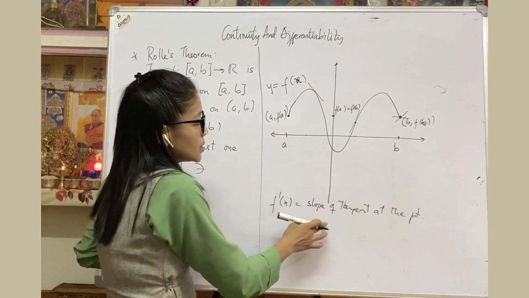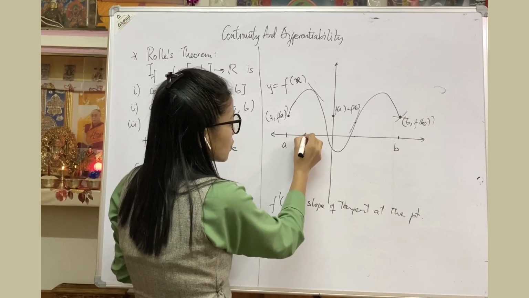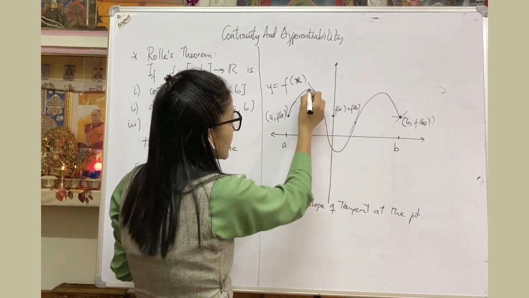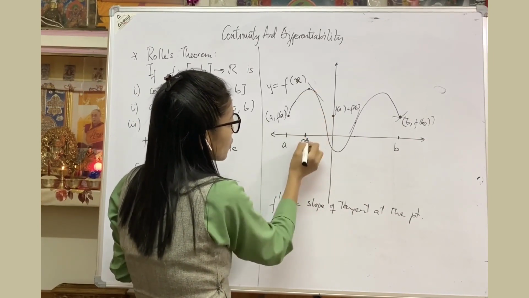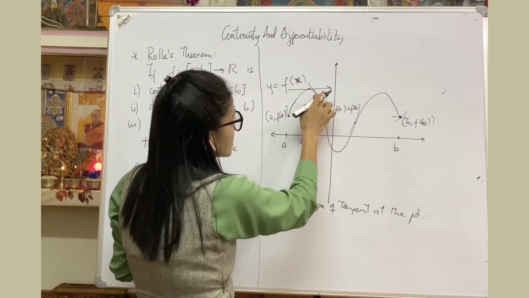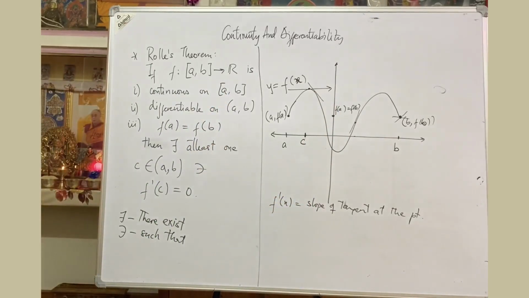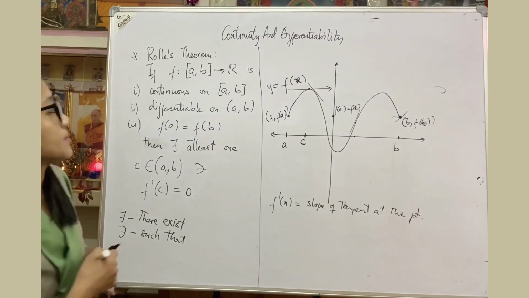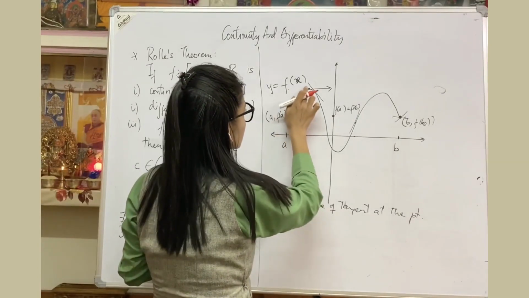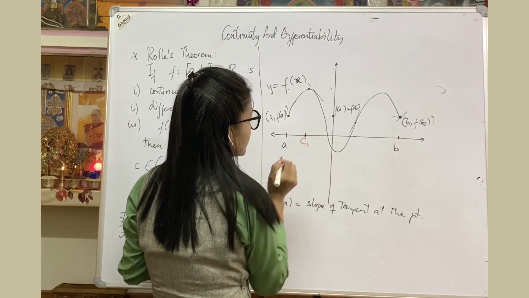Now if this happens, you can see at this point, let it be C, on the graph you get this tangent, right? Now at this point let it be C1.